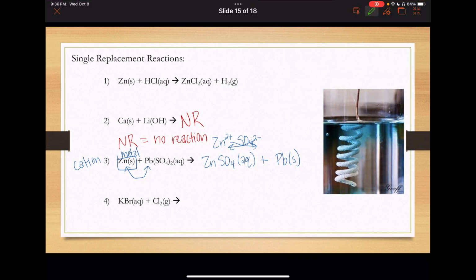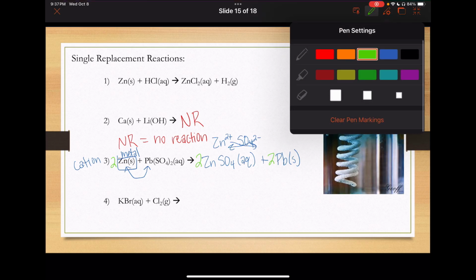Then you would need to balance this reaction, and in order to do that, just about all of these would get a 2. I kind of quickly did that. You could go through the chart if you wanted to, but I'm going through that quickly because you've had now a lot of practice with it.